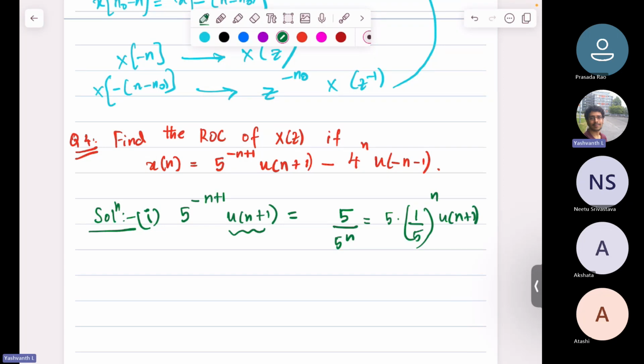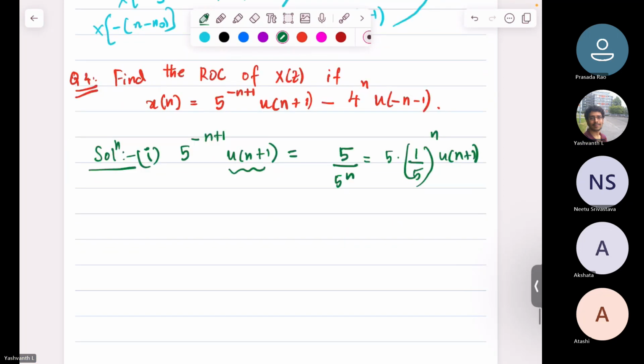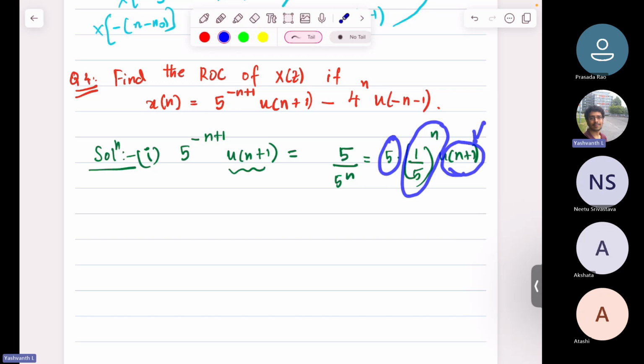Okay. Now you can show that basically it is some constant times alpha power n times u of n plus 1, shifted. So basically you will have a z transform and you will also have a shifting property because of n plus 1. But what about the ROC? The ROC will not change by shifting.